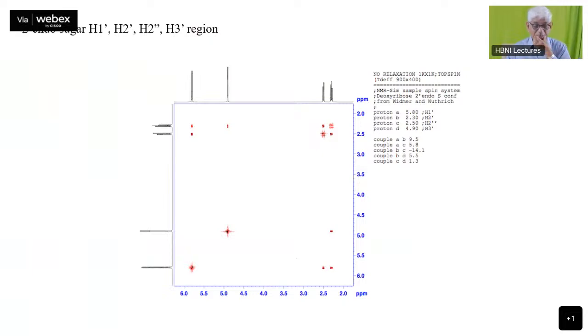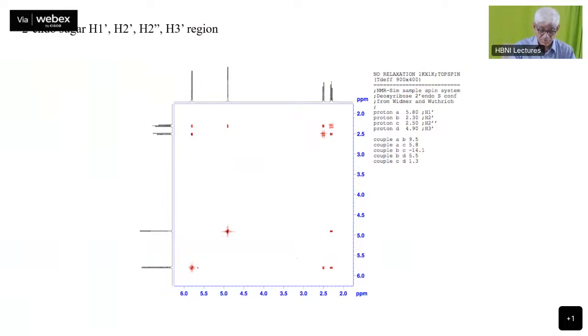Now this is a typical two-dimensional spectrum of a single nucleotide, a 2' endo sugar. What are the peaks there?